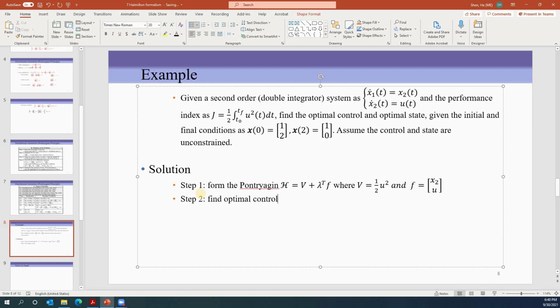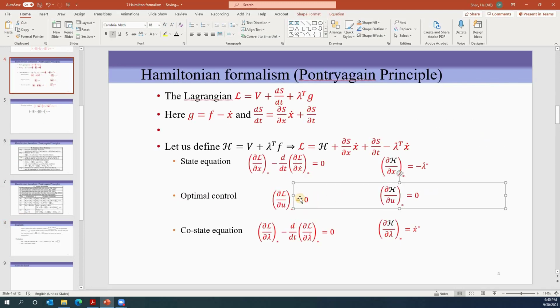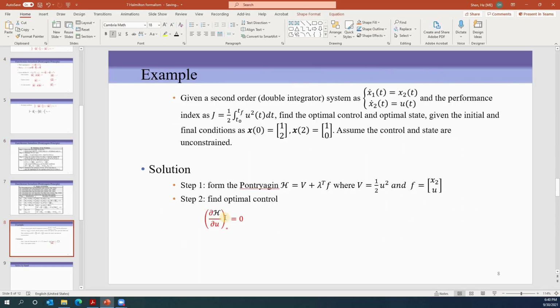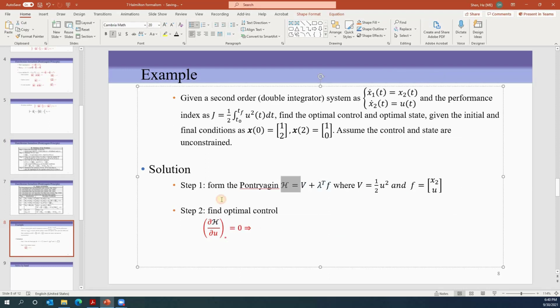How do we find the optimal control? The optimal control is obtained from partial h partial u is equal to 0. Second step, partial h partial u is equal to 0. Let's see what we have here. So H is equal to, the V function is a half u squared, plus lambda transpose times f. Lambda has 2 terms, a vector with lambda 1 and lambda 2, because you have 2 states.